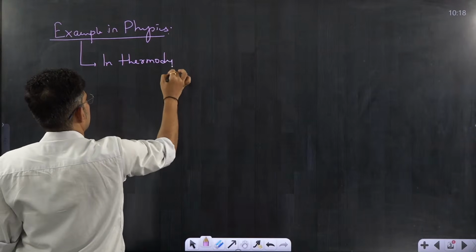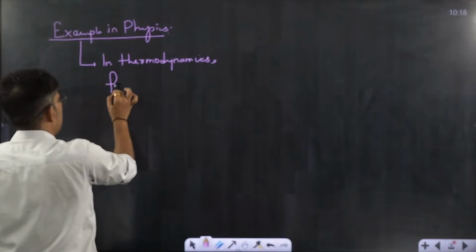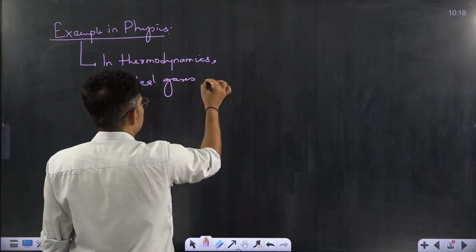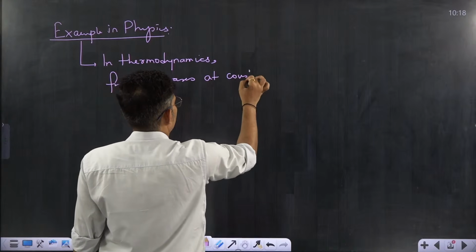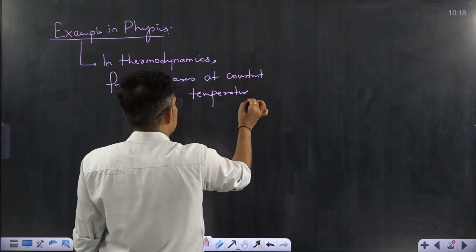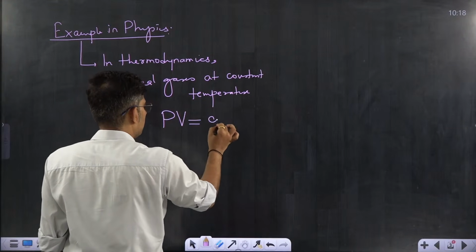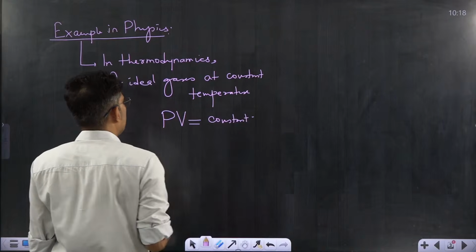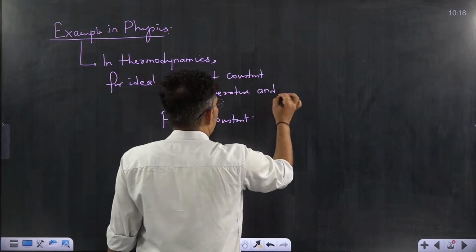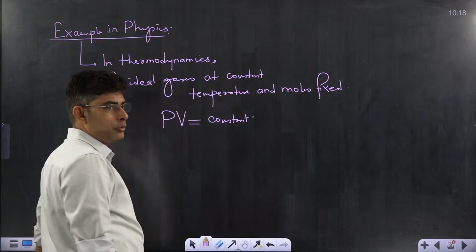This you will again study in first year in thermodynamics, when we have something called ideal gases at constant temperature. PV is equal to constant. And moles are also fixed. Then PV is equal to constant.